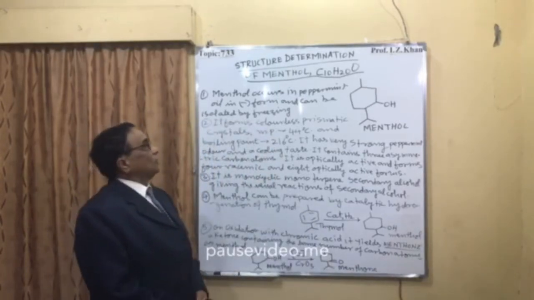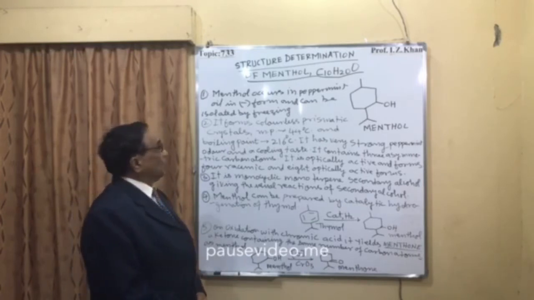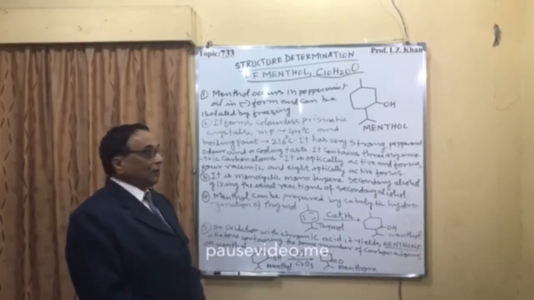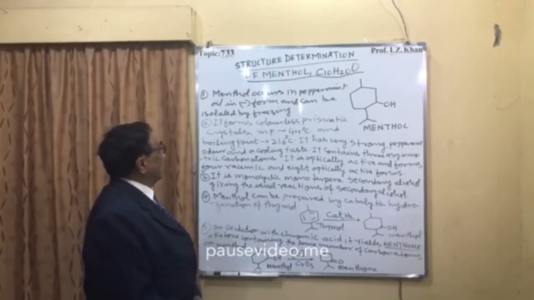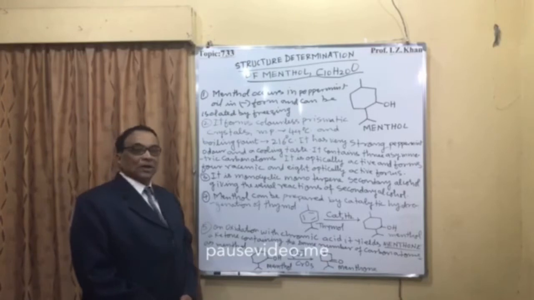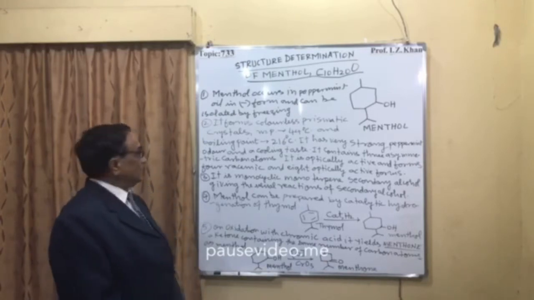The molecular formula of menthol is C10H20O. Number 1, menthol occurs in peppermint oil in levo form and can be isolated by freezing. Number 2, it forms colorless prismatic crystals, melting point 44 degrees centigrade and boiling point 126 degrees centigrade.